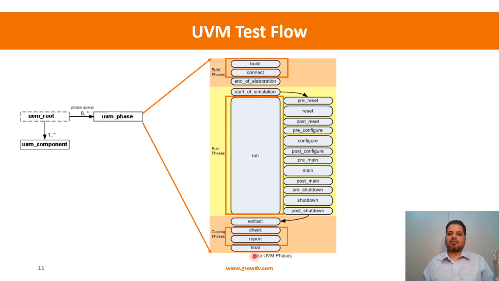We have build phase, we have run phase, and the cleanup phase. And as a part of this, we are going to be primarily focusing on what happens in the build phase, what happens in the connect phase, right? And then what happens in the run phase, and then what happens in the check phase, and what happens in the report phase. These are the phases that we are interested in, which we are going to be looking at in the next few slides.